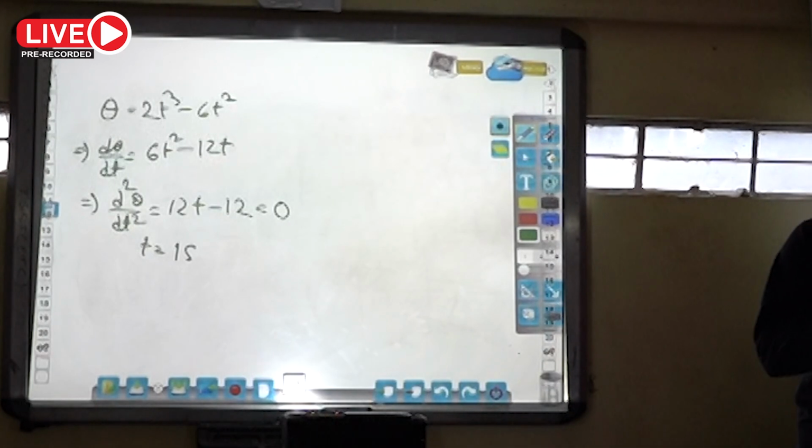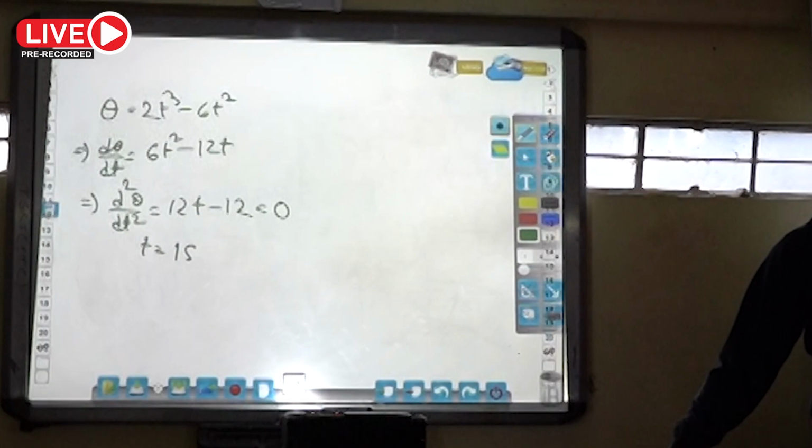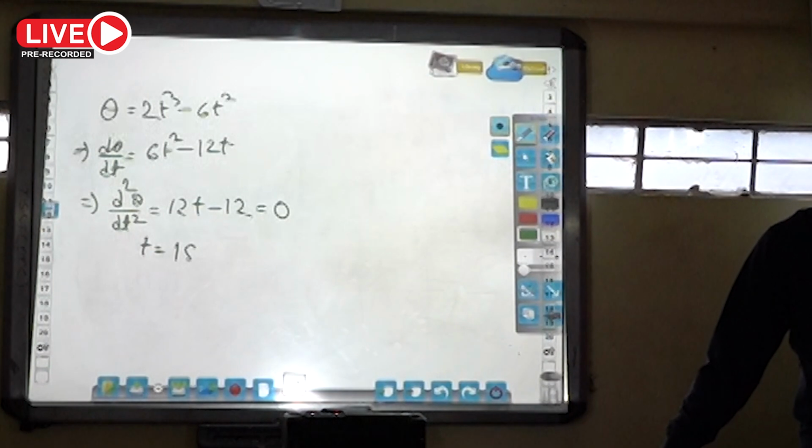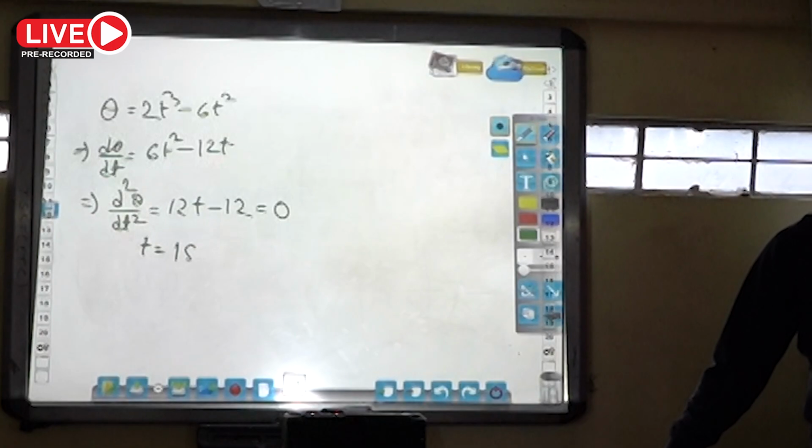Option B, R dot tau greater than 0 and F dot tau less than 0. Option C, R dot tau equal to 0 and F dot tau equal to 0.